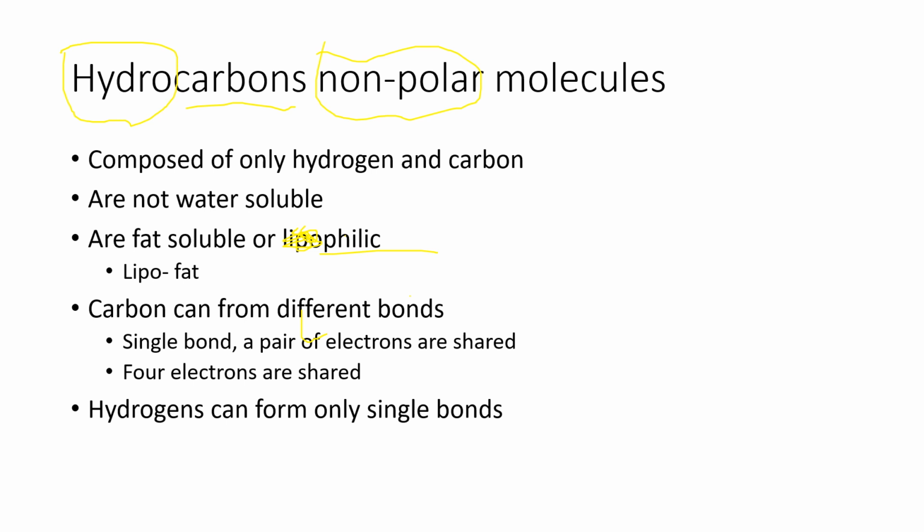And one of the neat things about carbon is they can form different types of bonds. Remember how I told you carbon is the molecule that we tend to deal with mainly when we're dealing with life, with this and water. Anytime you hear organic in chemistry and biology, you're usually referring to something having carbon.